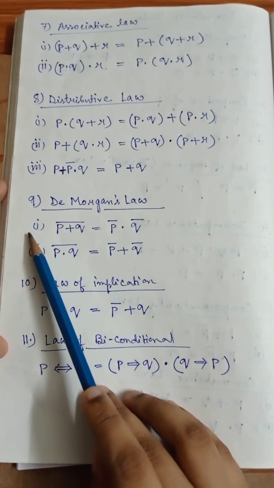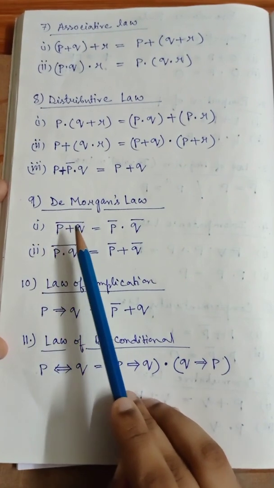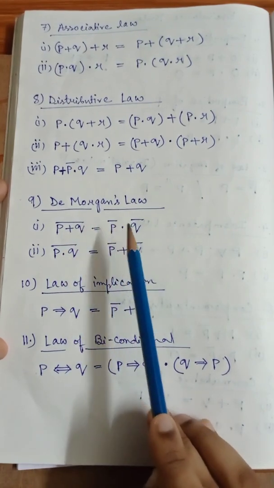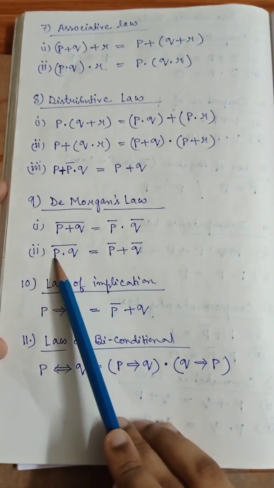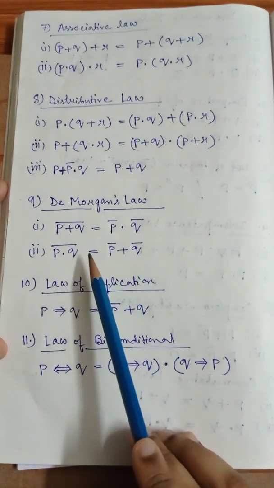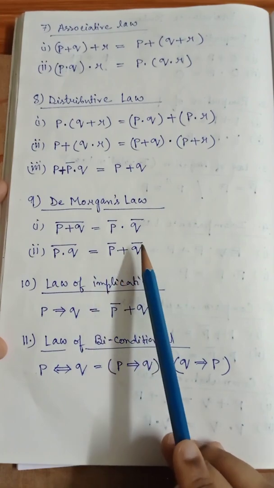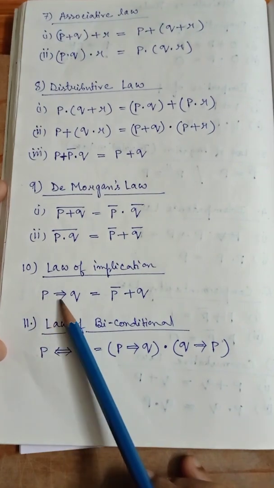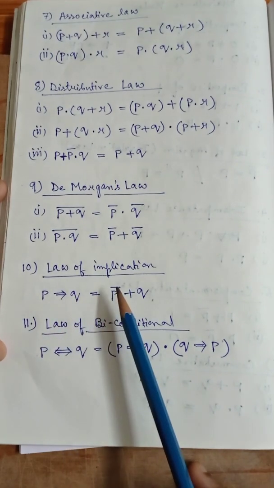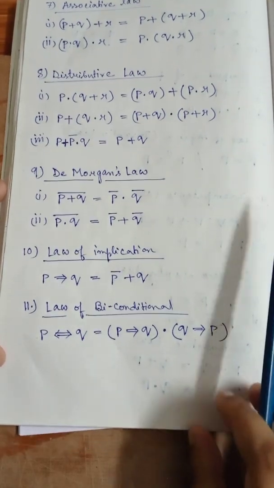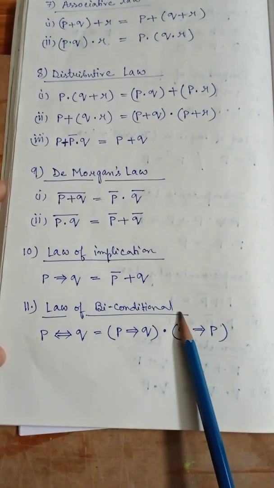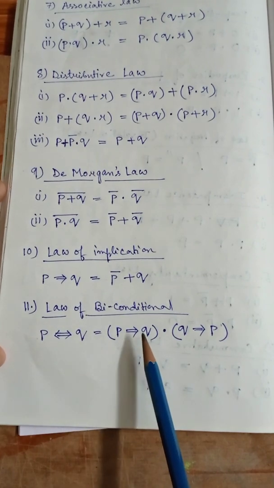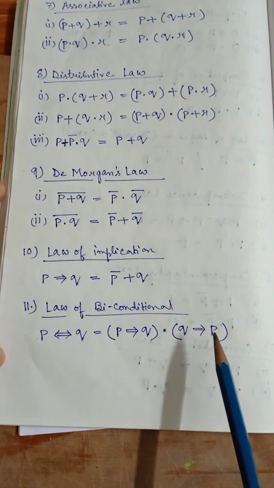So first law of De Morgan is (P plus Q) whole complement is equivalent to P complement dot Q complement. Second law is (P dot Q) whole complement is equal to P complement plus Q complement. Next is law of implication. P implies Q is equivalent to P complement plus Q. Next is law of biconditional. P biconditional Q is equivalent to (P implies Q) dot (Q implies P).